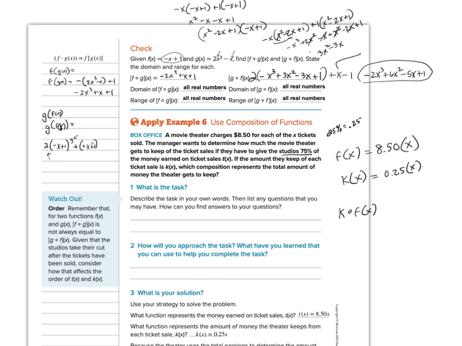So if we take K of x, 0.25, and wherever we plug in x, we use the entire 8.50x. And then when we multiply that out, I think K of F of x should equal 2.125, and then we still have the x. And that should hopefully get us where we want to be.